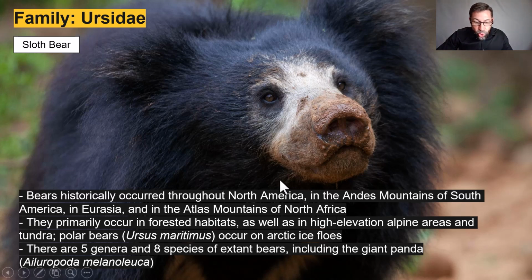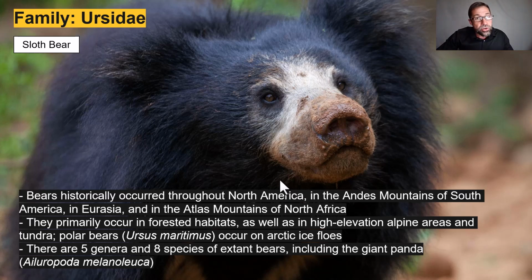Bears historically occurred throughout North America, in the Andes Mountains of South America, in Eurasia, in the Atlas Mountains of North Africa, but they've been extirpated throughout much of their historic ranges. Now, bears primarily occur in forested habitats as well as in high elevation alpine areas and tundra.